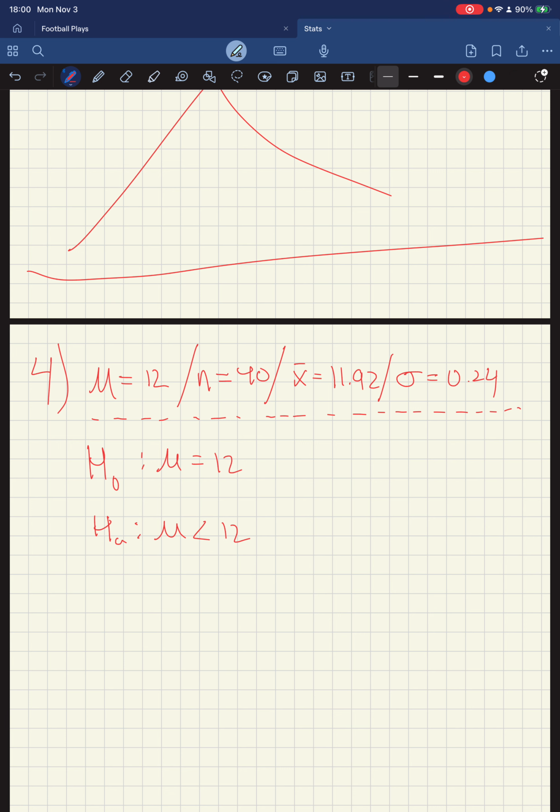It would be one-sided. Yeah, we're gonna say one-sided because you're testing the cans for less liquid, not more. So one-sided because you're testing for less.